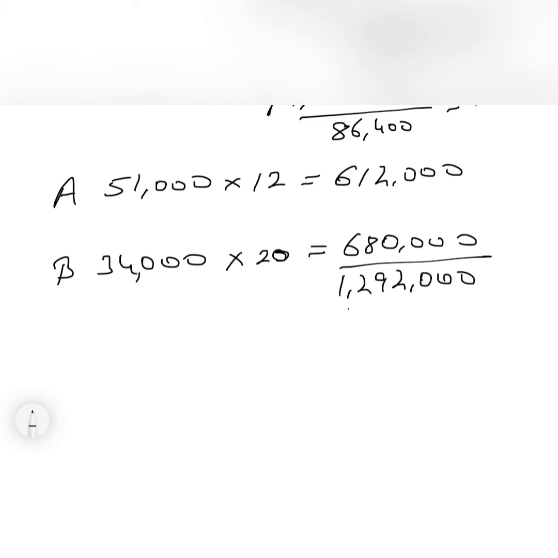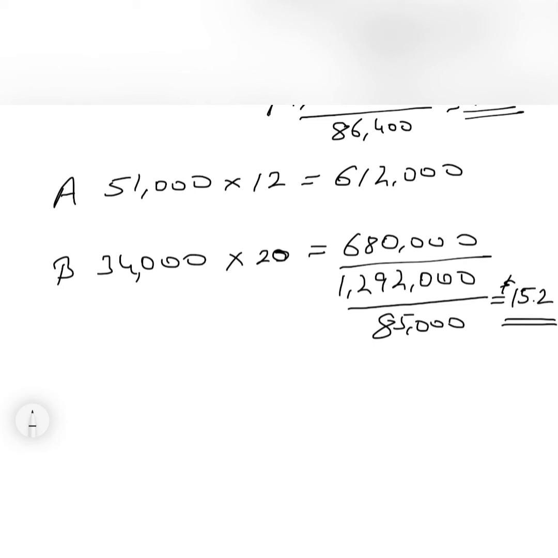If you divide that by the total of 51,000 and 34,000, which is 85,000, you get an average rate of $15.2.